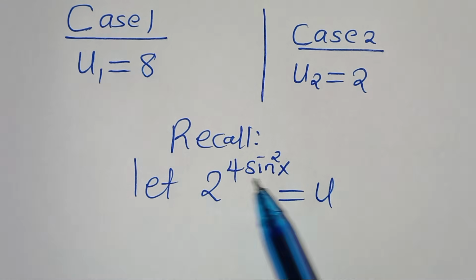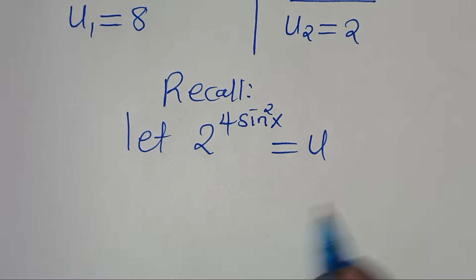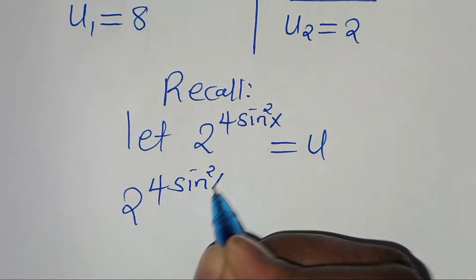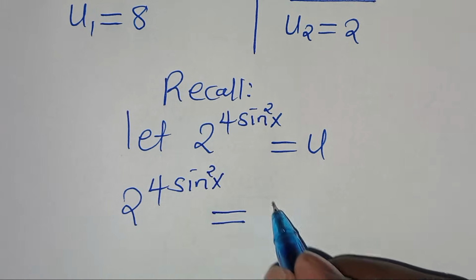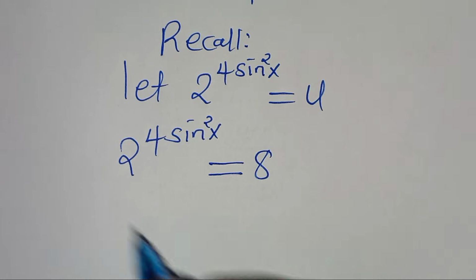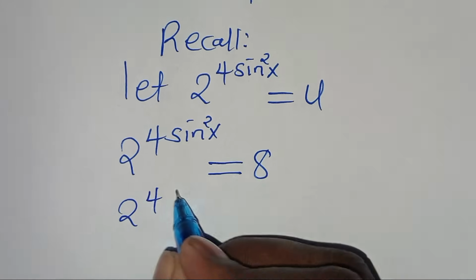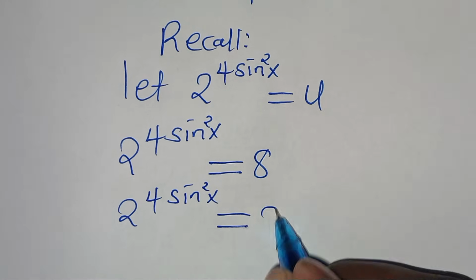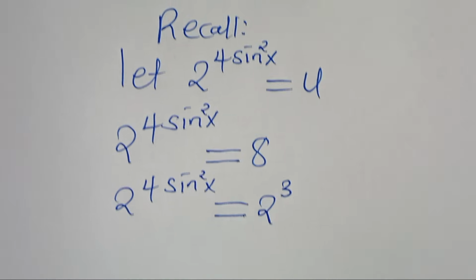So from case 1, we have u equal to 8. So this is 2 to the power of 4 sine squared x. This is equal to 8, which is 2 to the power of 3.